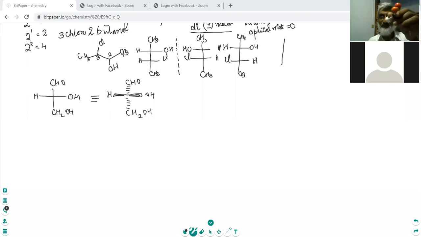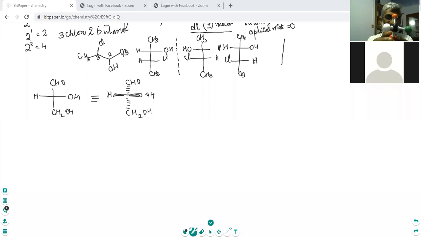Now see here. If I want to draw the Fisher projection, the top orange one is a CHO group. The down red one is a CH2OH group, the bigger one. This is hydrogen, and this is OH group.